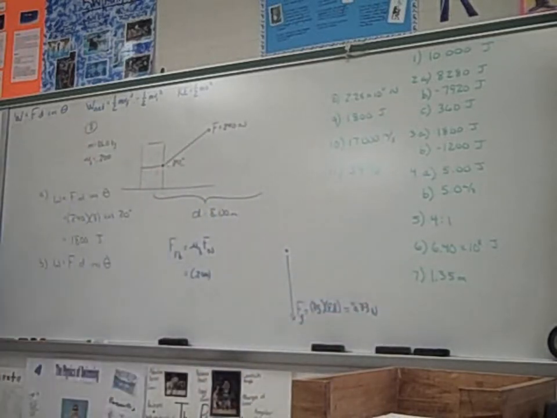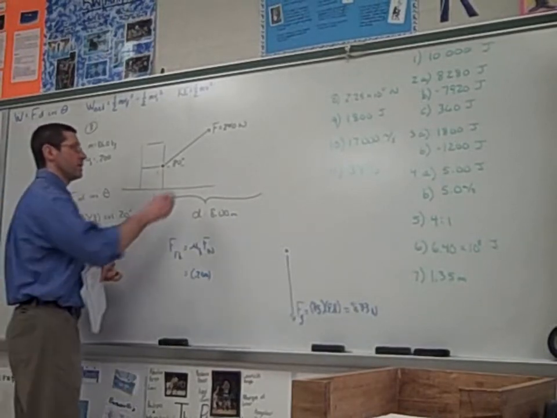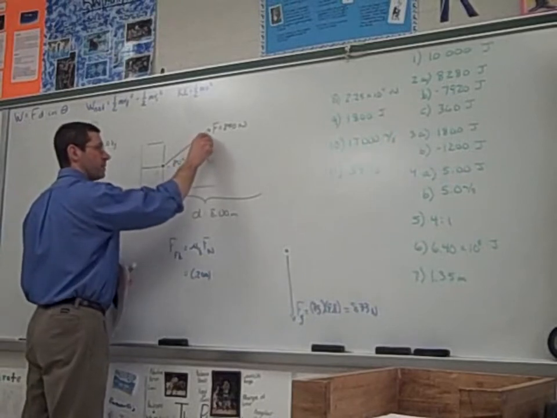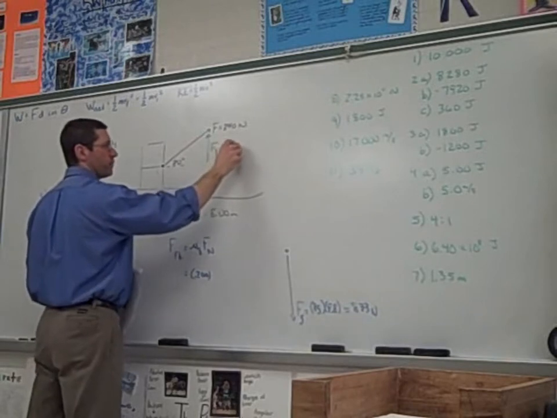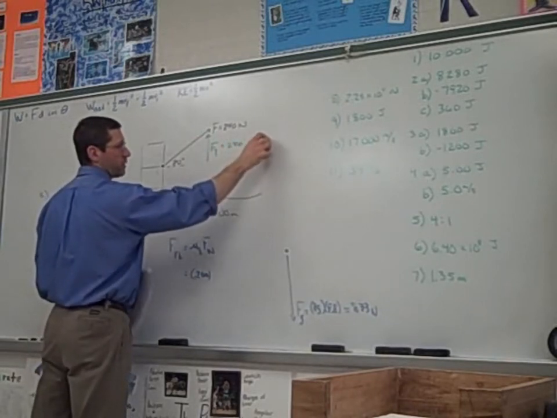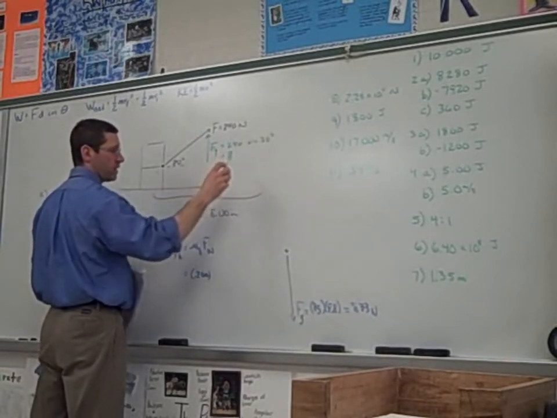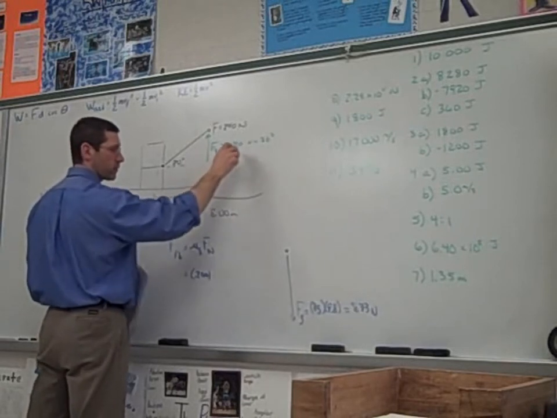Now, how many forces are going up on this free body diagram? Two, right? One of them is the y component here, Fy. To get that, you would do 240 sine 20, which is 83, I believe.